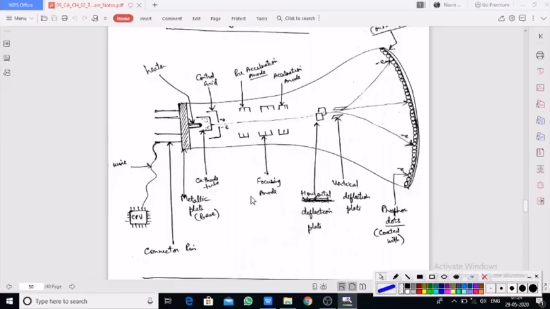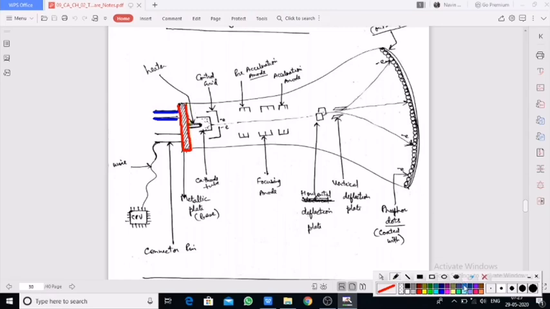So this CRT contains one connector pin, right? This one is the connector pin. Then this one is the metallic base.